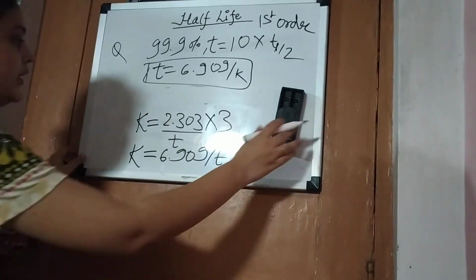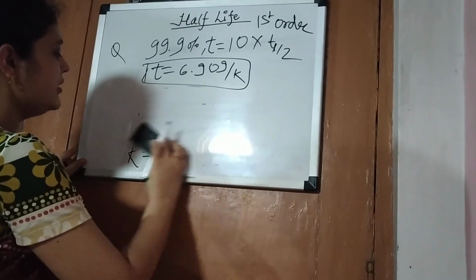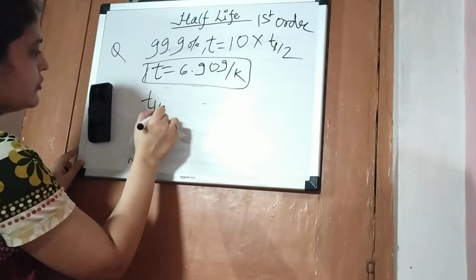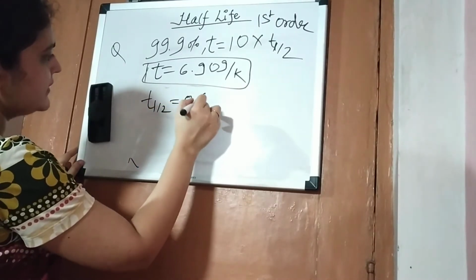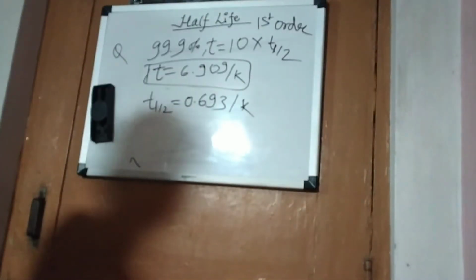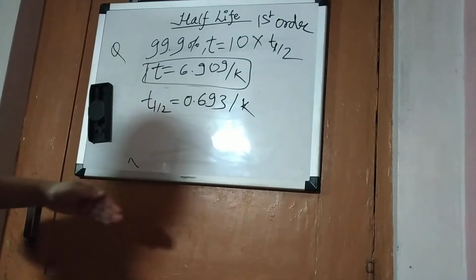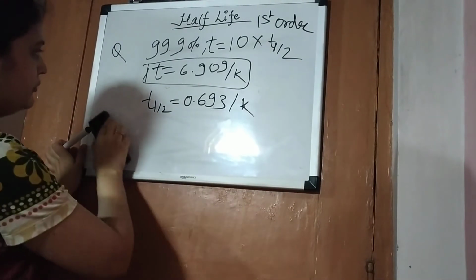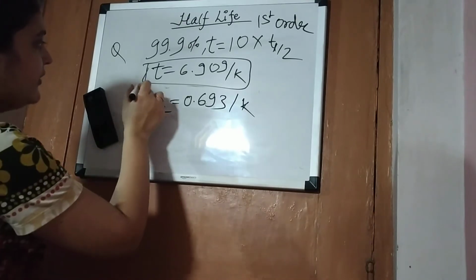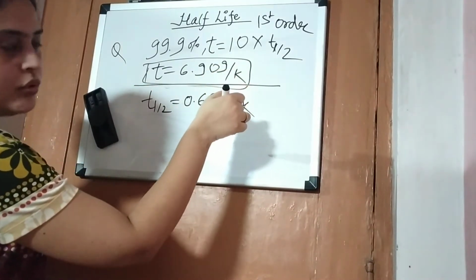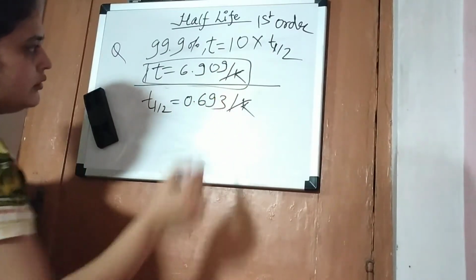So you know that half-life of first order reaction is 0.693 upon k, right? Now you just have to divide both the equations to see whether it is 10 times or not. When you divide both the equations, k is in both the equations, so it will cancel out, right?